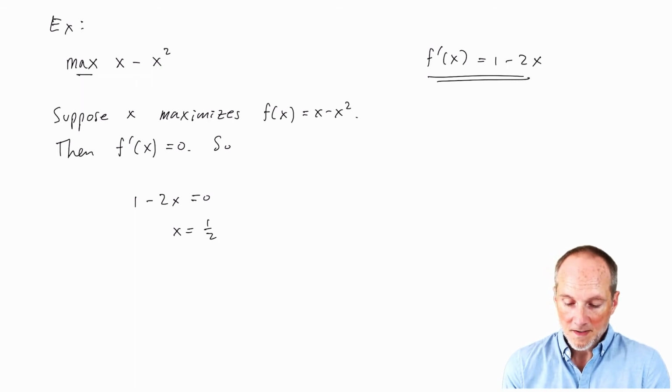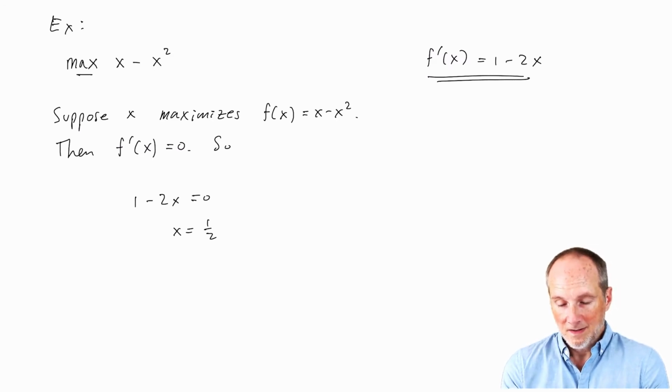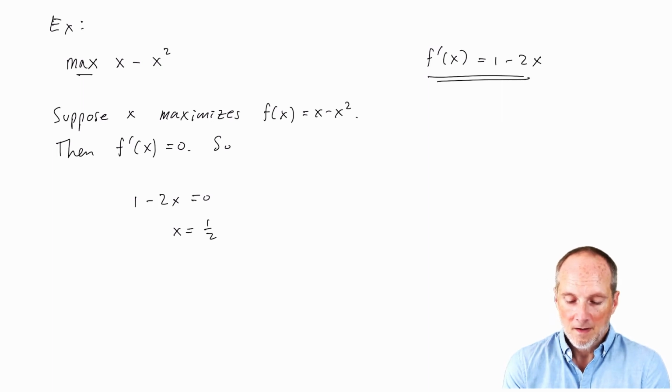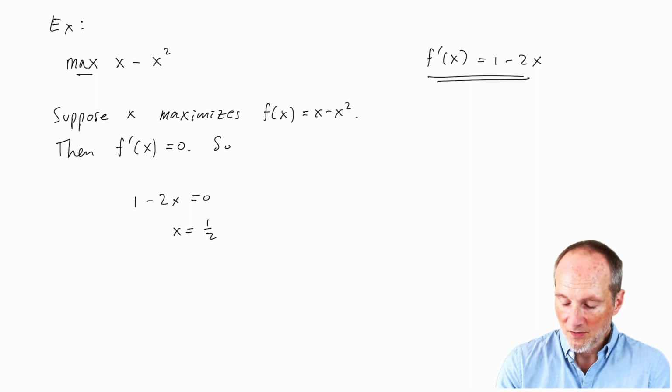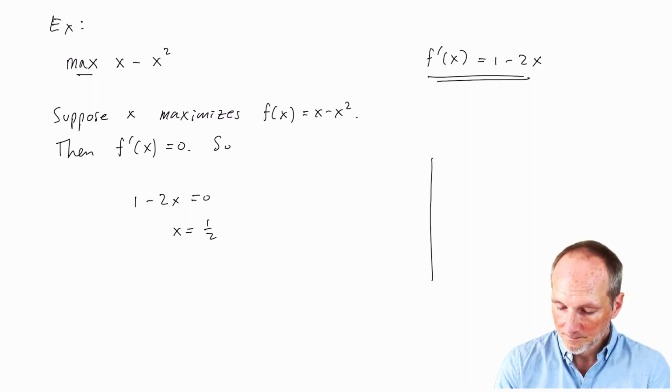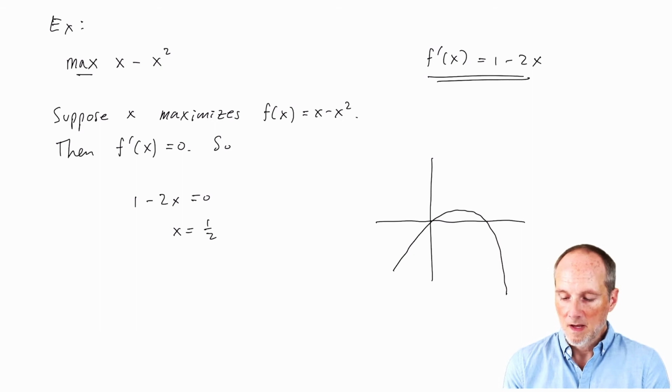Well, now we're onto something because we have a candidate for a maximizer, and it turns out, yeah, that's going to be a maximizer, and we can be more formal about it. But basically, if you just graph this function, the shape of the function is something like this, okay?